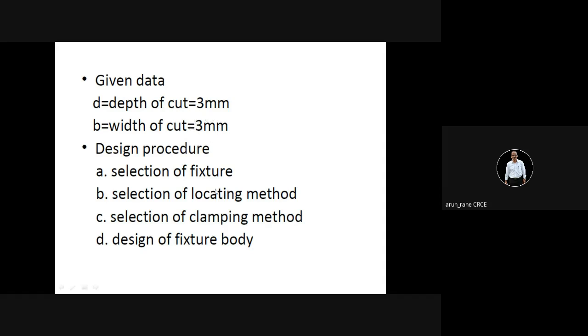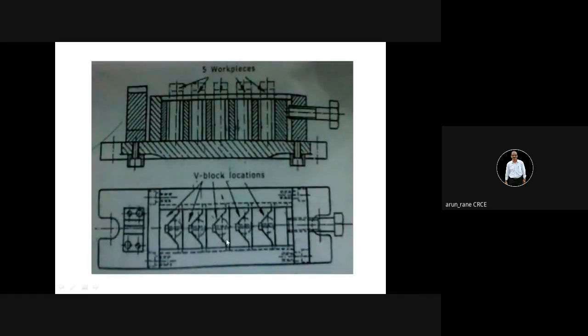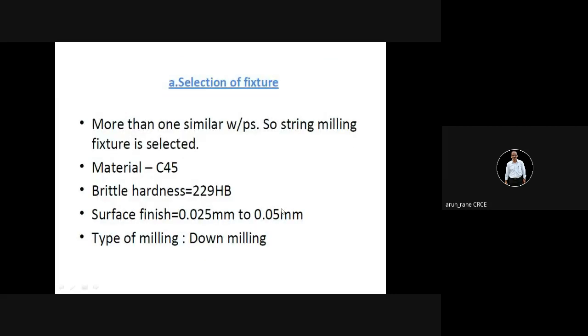You have to first select the fixture, then how you locate the component, how you clamp the component, and then you have to design the fixture body. Here 5 workpieces have been located, but you have to design for a single workpiece.